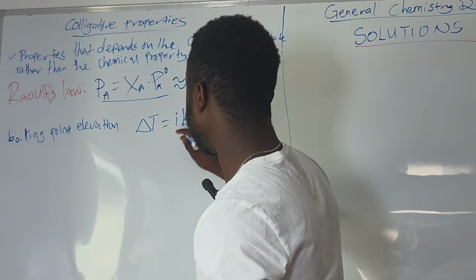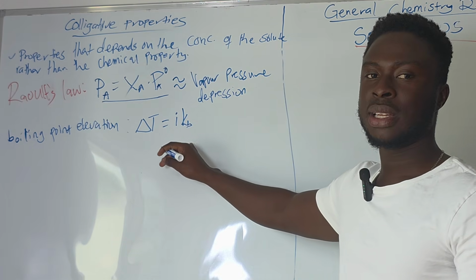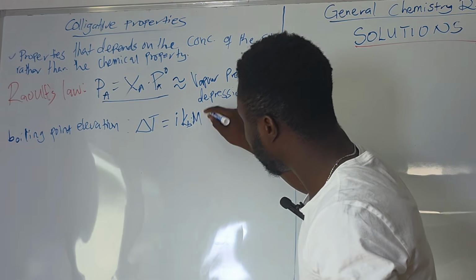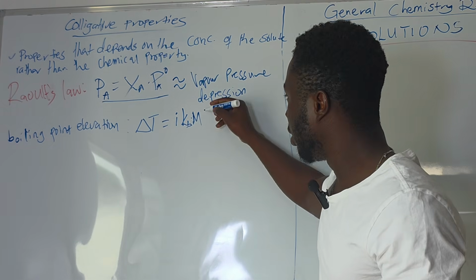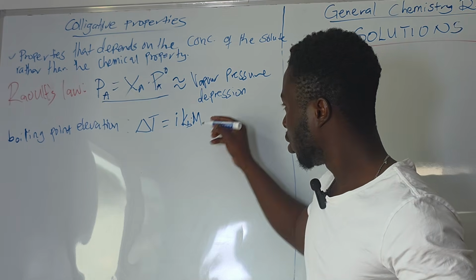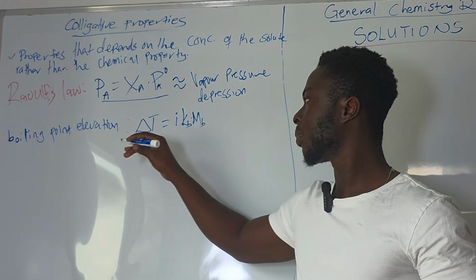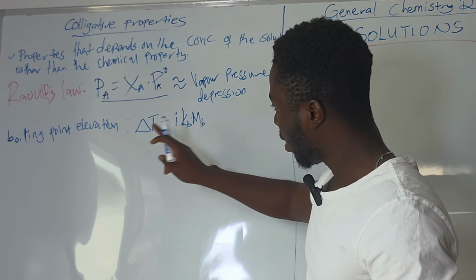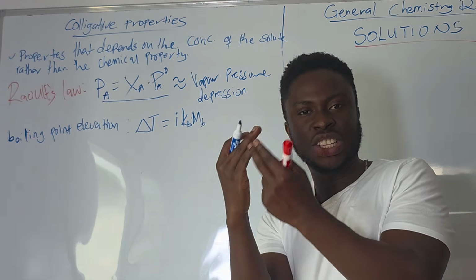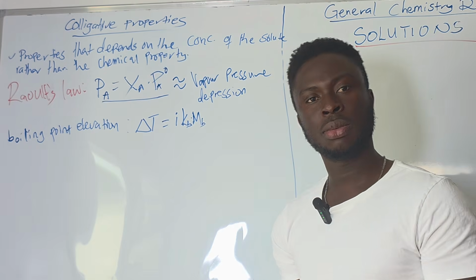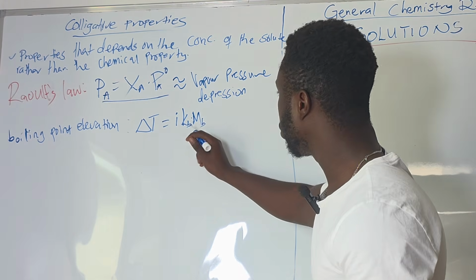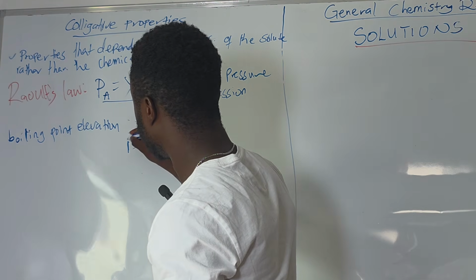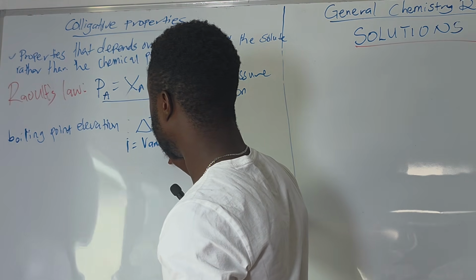Then Kb, which is a constant of proportionality, multiplied by the concentration, which is the molality of the whole solution, so I could say mb over here. So once again, the change in the temperature of the boiling point is equal to i, the Van't Hoff factor, times Kb, times mb.